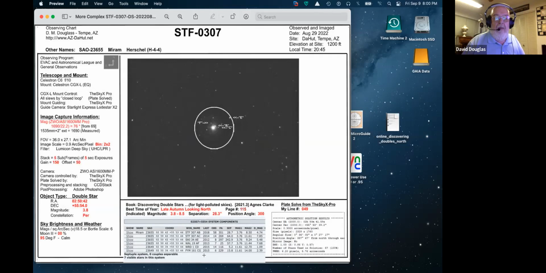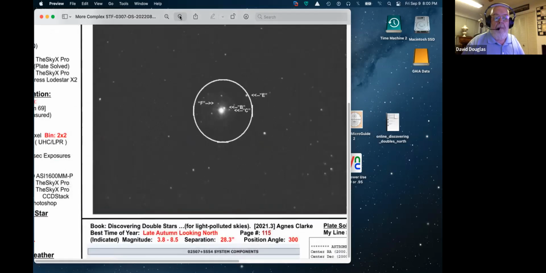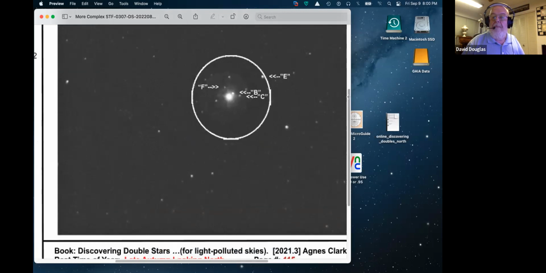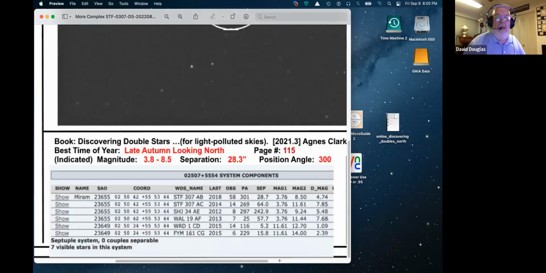Now, the area down here at the bottom I will open up again. We actually try to keep track of the position angle and the separation. The separation is always stated in arc seconds, okay? As well as the magnitude of star 1 and star 2.